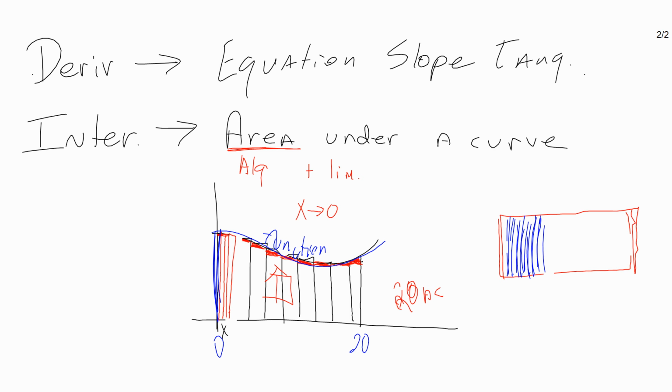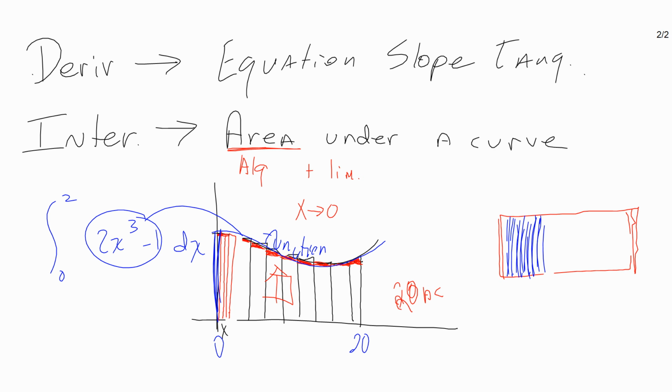So, an antiderivative from 0 to 20 of, I'm just going to make that simple, 2x to the third minus 1 dx. Let's say that this is represented by that line, which it is not.